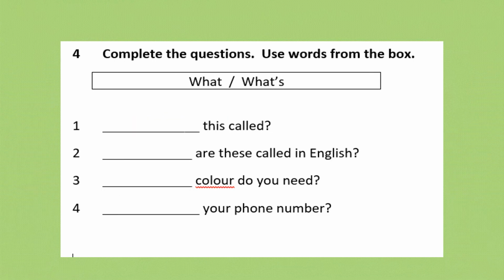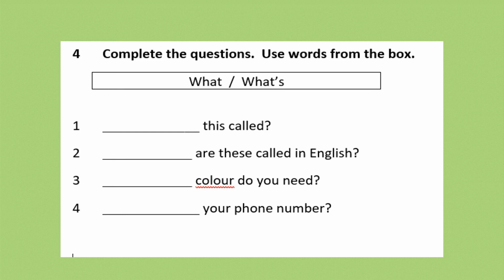Okay, exercise number 4. Complete the questions. Use words from the box. Okay, what or what's? What is the difference between these two? This is what is. So we can't use what's when we have is or are in the sentence. We use it only when we don't have is or are.